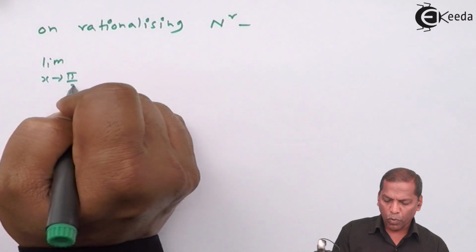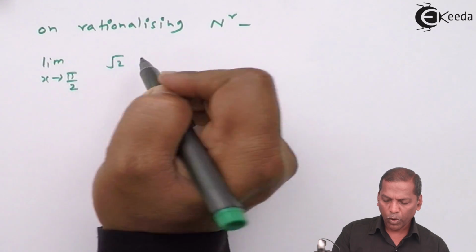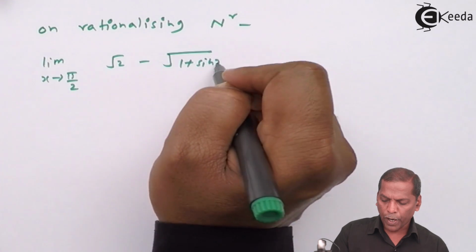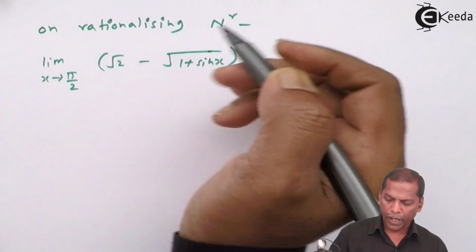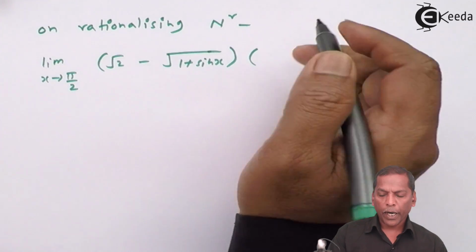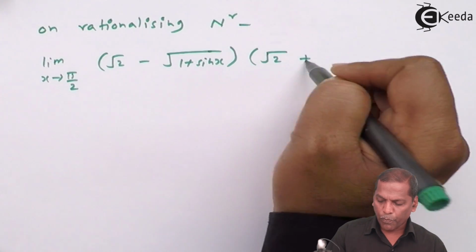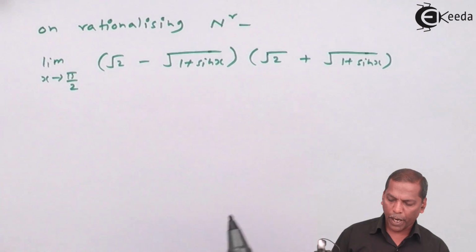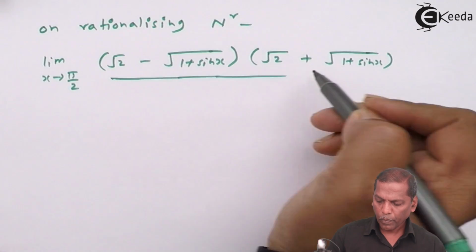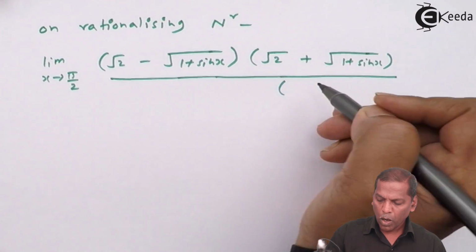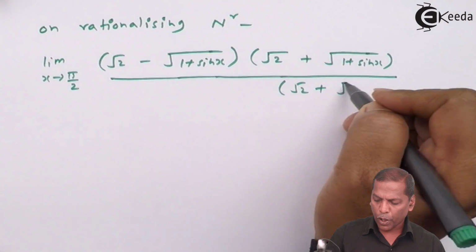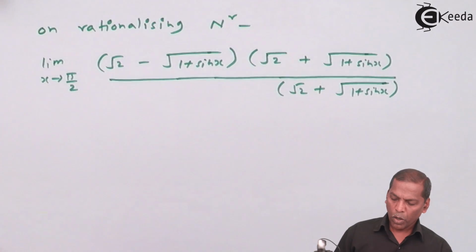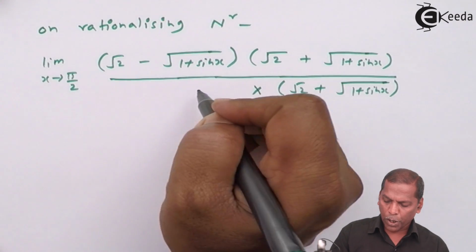Limit x tends to pi by 2, root 2 minus square root of 1 plus sin x in one bracket, into the rationalizing term root 2 plus square root of 1 plus sin x in the second bracket, upon root 2 plus square root of 1 plus sin x, into, we write cos square x.